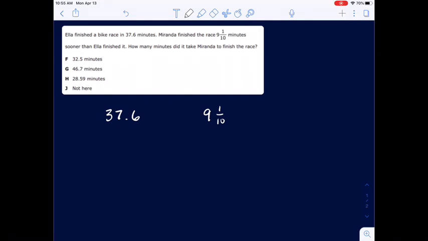We know, just like in Ella's time, this is the tenths place. So to write Miranda's time in decimals, 9 1/10 can also be written as the decimal 9.1.